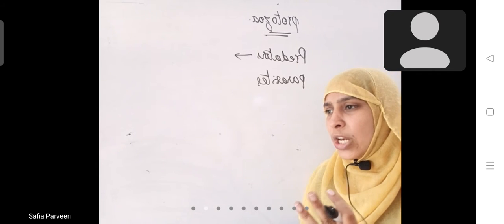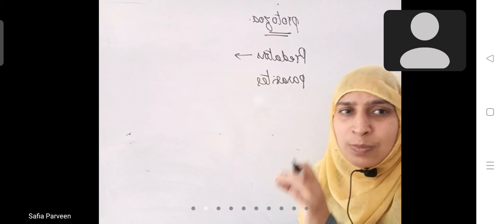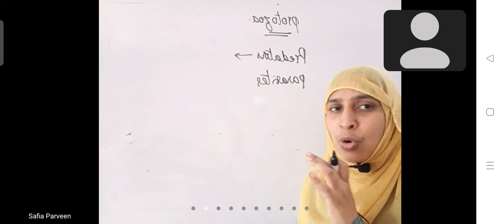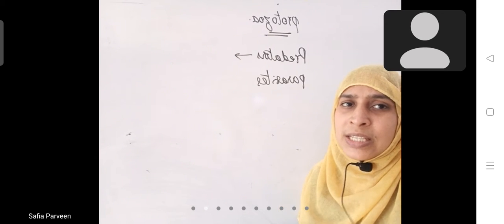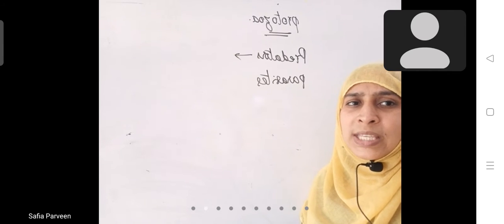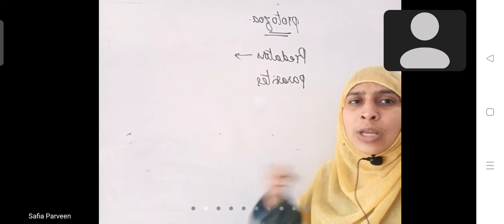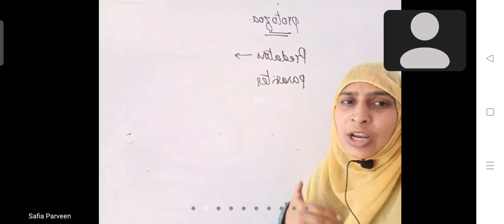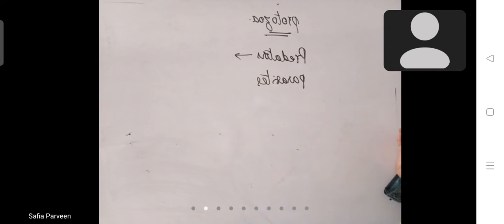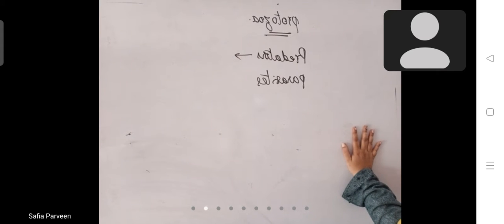Not only larger organisms. A crow is hunting a small insect and eating it. The crow is the predator, that small creature is the prey. So here also they will attack other small organisms and feed on them. That is why they are called predators, right? Parasites are those organisms which live inside or outside the body of other creatures and cause diseases.